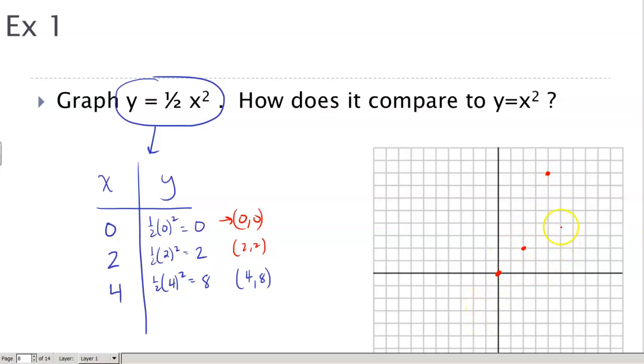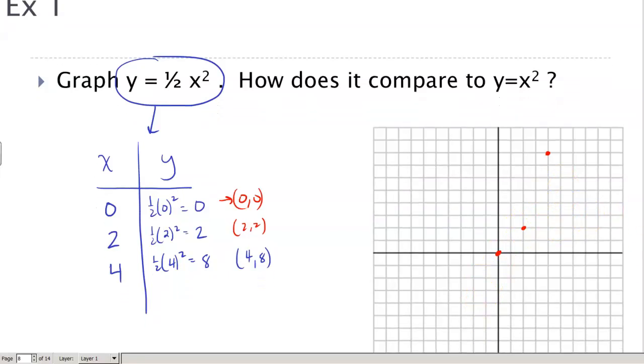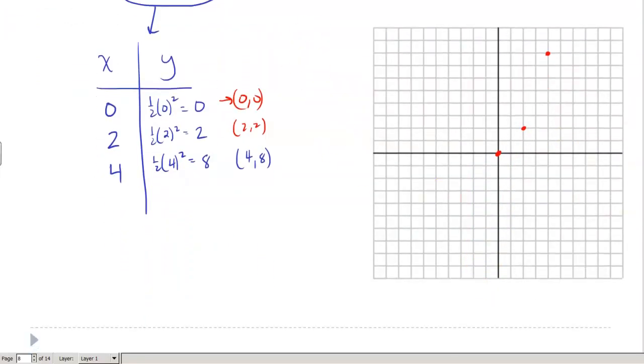Now, because this is symmetrical, you're going to see that if I plug in -2 or -4, we're going to get the exact same thing. And you can think about why that happens. Why does plugging in -2 give me the same thing as plugging in +2?